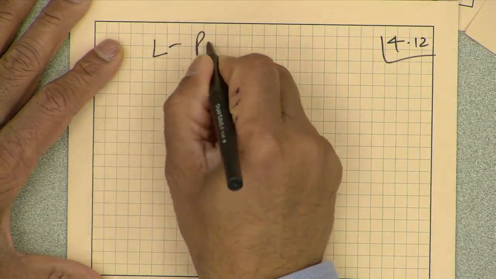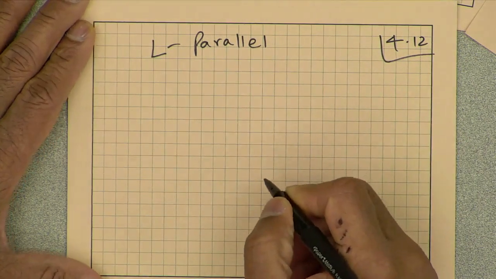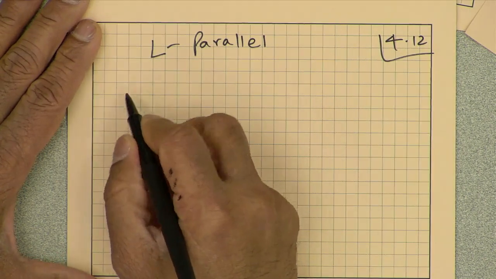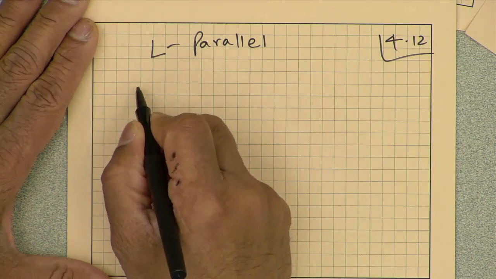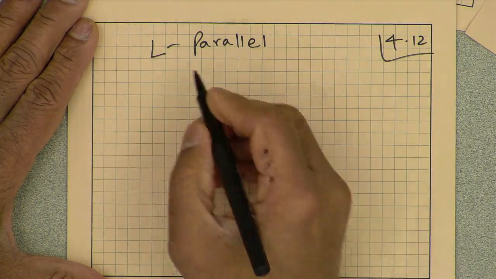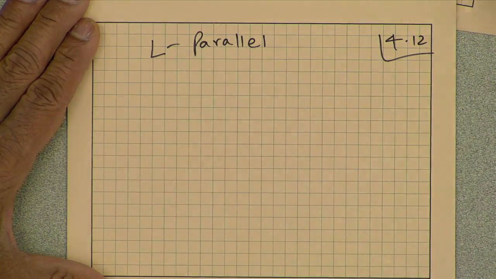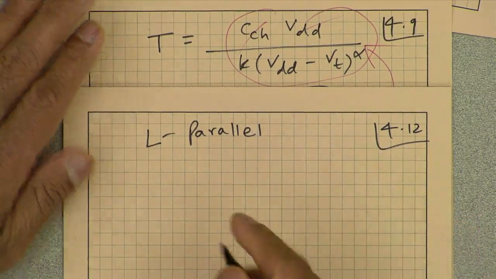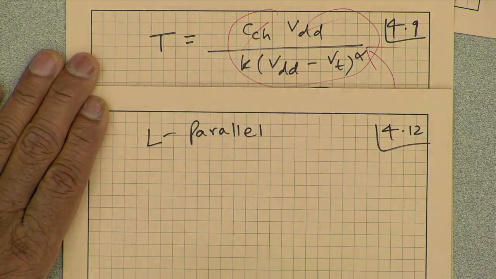Typically the book uses M as the level of pipelining or interleaving, and L as the level of parallelism. So in an L parallel system, in the original system we had the equation for T, which was given by this equation.